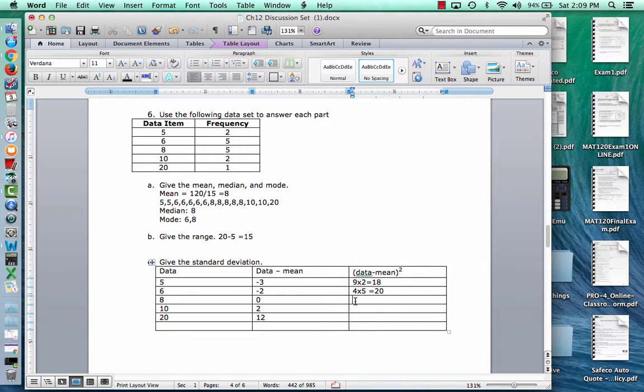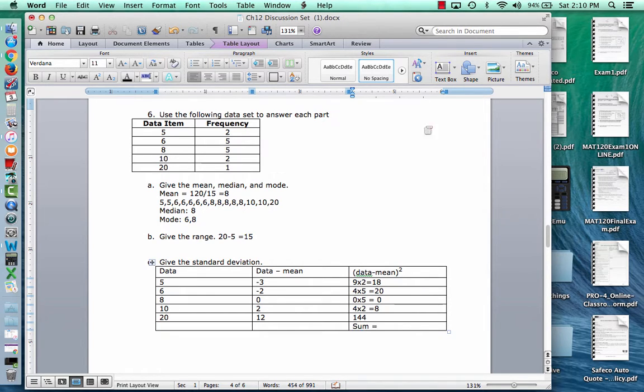If I square 0, I get 0, and there are 5 of those, so I get 0. When I square 2, I get 4, and there are 2 tens, so I get 8. And if I square 12, I get 144, and there's only 1 of those.